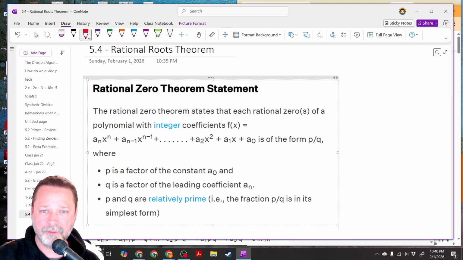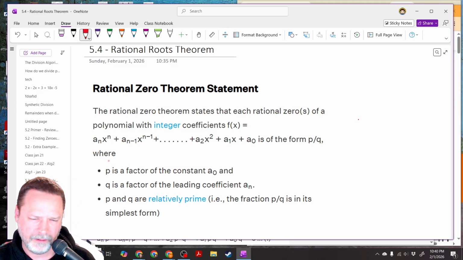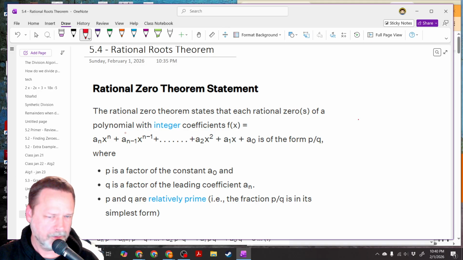Okay, so the rational roots theorem can also be called the rational zero theorem. I stole this from QMath, and without further ado, let's read it.